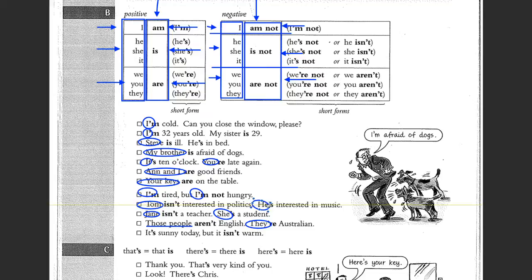He is interested in music. Jane isn't. She is a student. Those people, more than one, we use aren't. They are Australian. It's sunny today, but it isn't warm. Okay, we stop here for a while.